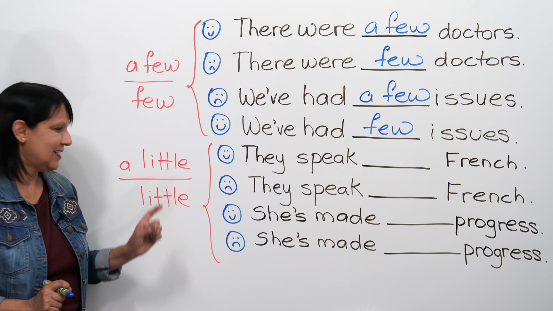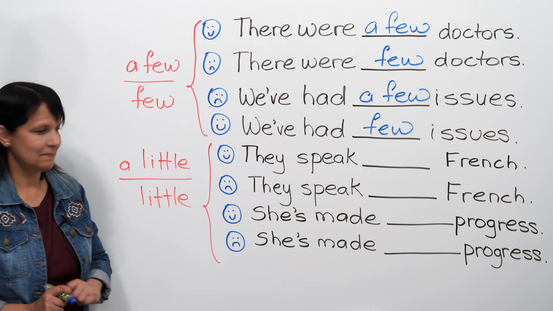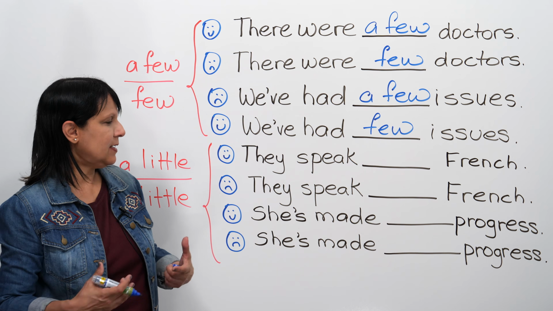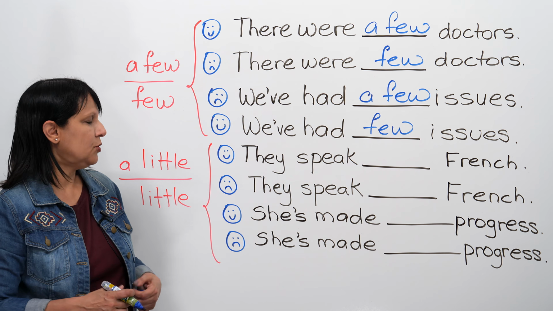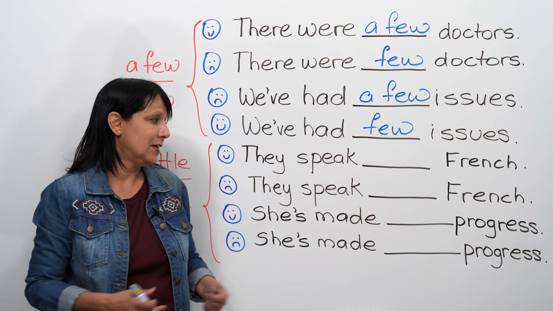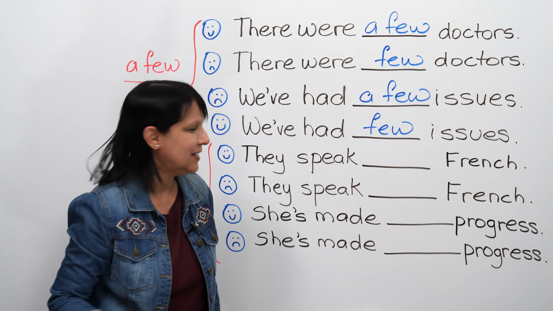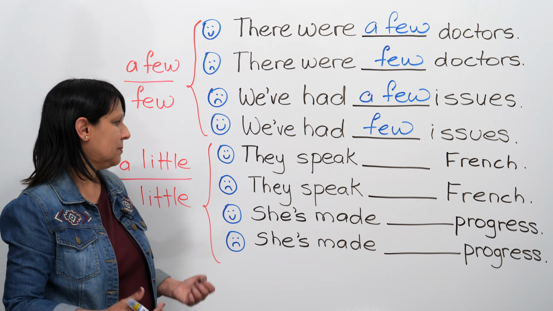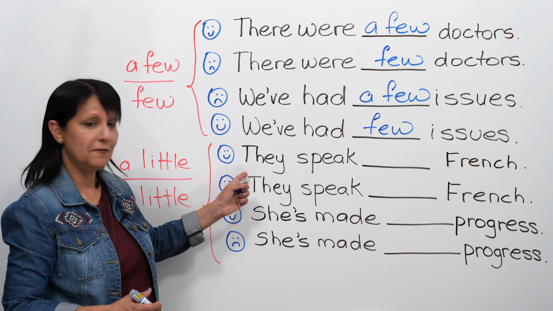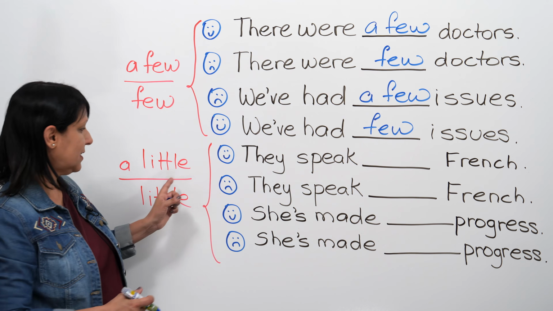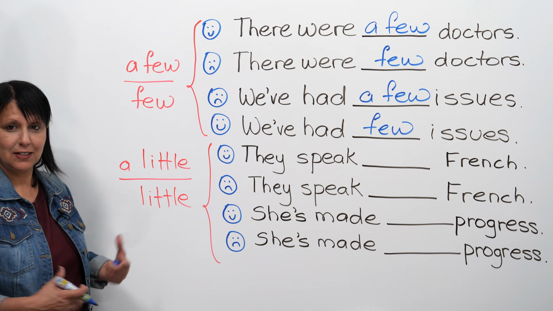Okay. Next, a little and little. So let's say you are a French speaker and you're somewhere where everybody speaks English, but you're really looking for someone who speaks French. Okay. And you meet some people, but then you say, okay, fortunately, they speak blank French. You're happy.